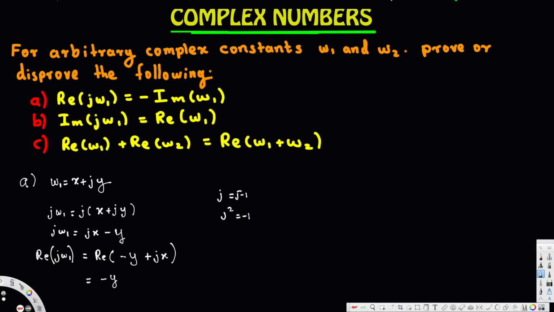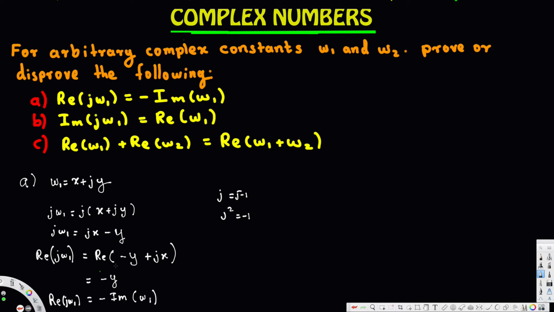And if you look at the original function, y is the imaginary part, but here we have negative. This is positive y, this is negative. So this is the negative imaginary part of w1. Therefore we proved the real part of jw1 is equal to the negative imaginary part of w1. So this is a proof for the first one.